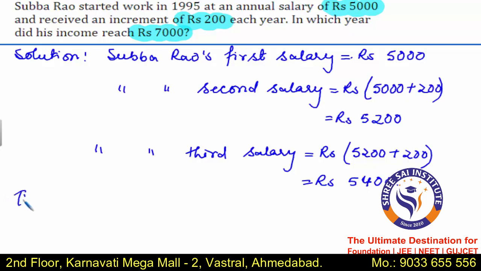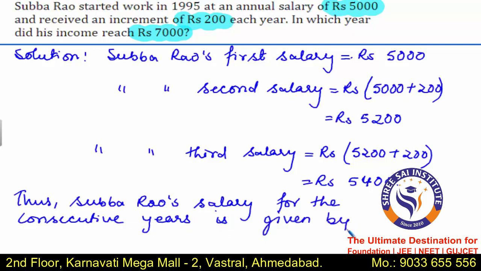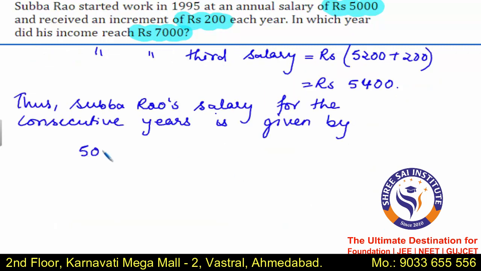Thus, Subba Rao's salary for the consecutive years is given by 5,000, 5,200 for the second salary.